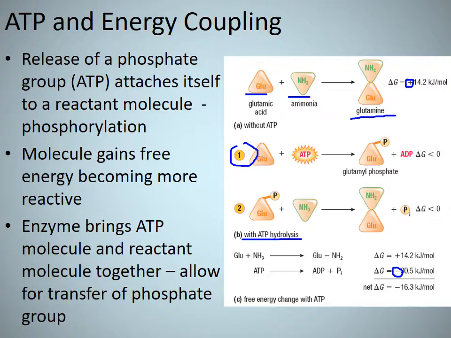And we can see that this process will occur once ATP is broken down and the release of free energy is provided for that reaction to occur. And again, we can do that simply with the math here: 14.2 plus negative 30.5. The net delta G after these two reactions occur is negative, meaning that both reactions will occur spontaneously.